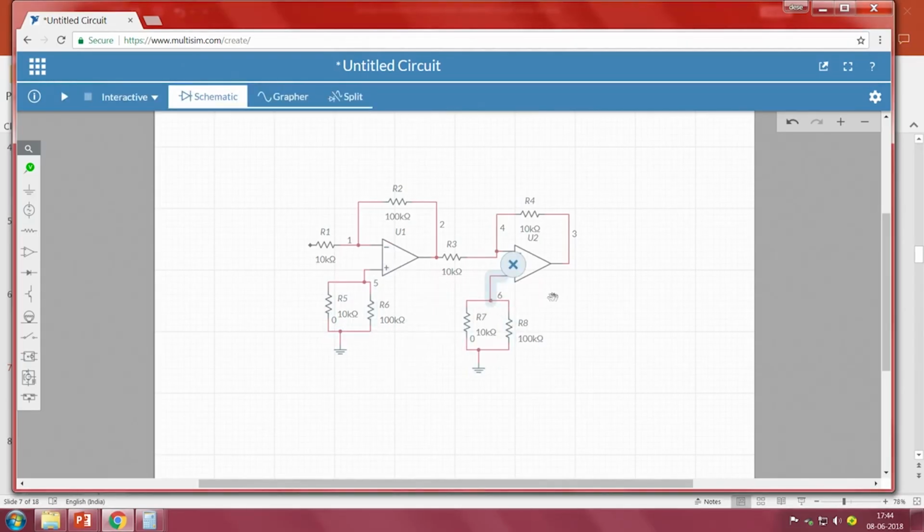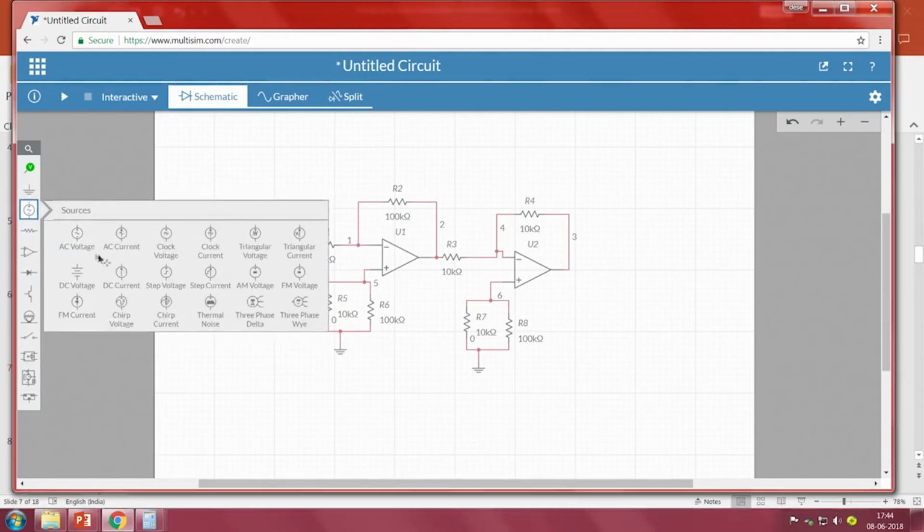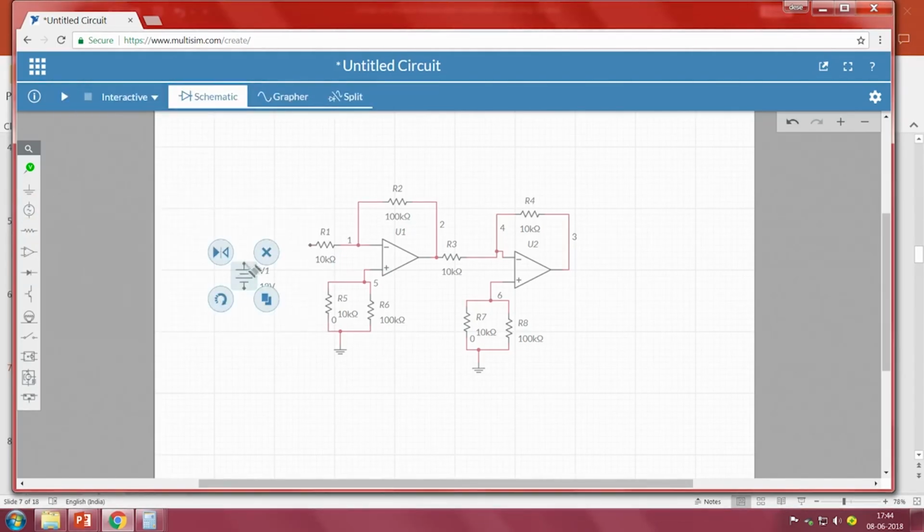This has to be connected here, so both the paths are done. Now this is my input to the system, that is the sensor output. Consider a DC voltage source, connect it here and the other terminal to the ground.